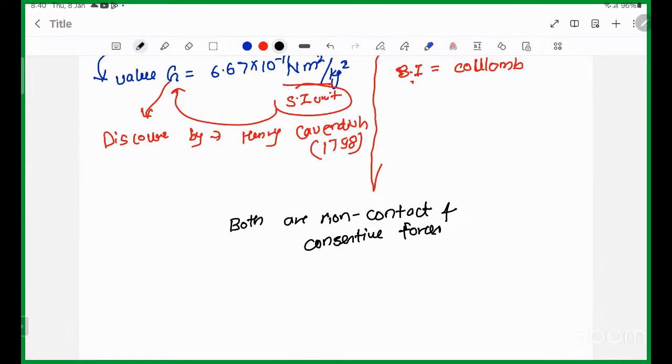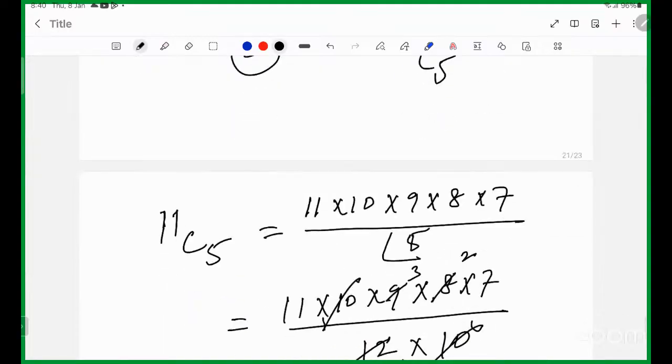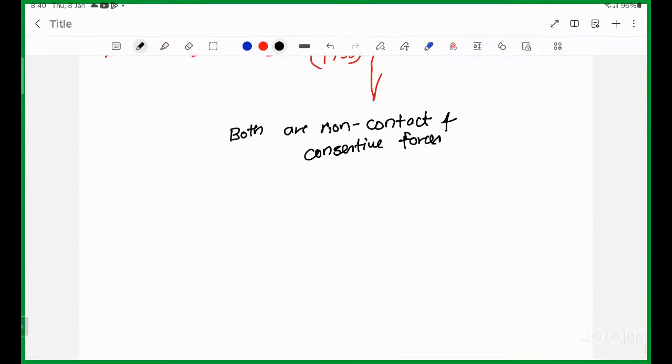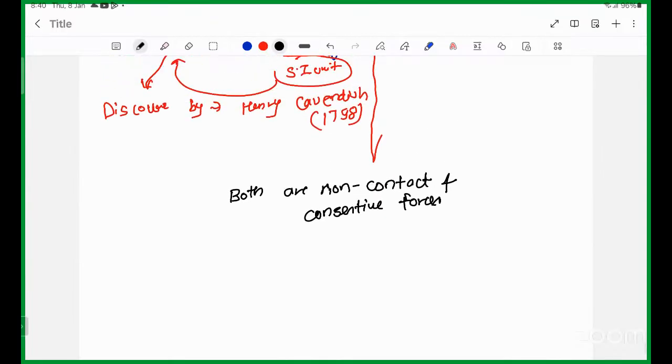In non-contact forces, we also have the magnetic force and nuclear force.